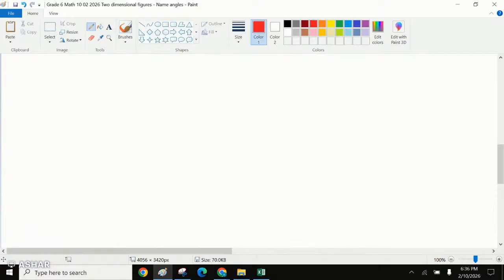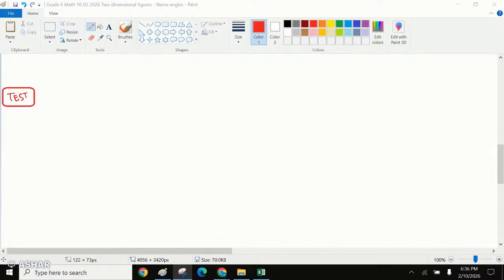So the heading would be the test. And the first question, I'll post down the first question. It says, look at this angle and tell me which angle it is, okay? Question number 1.